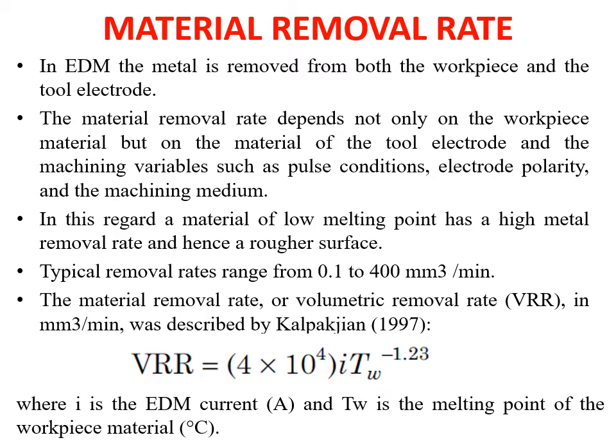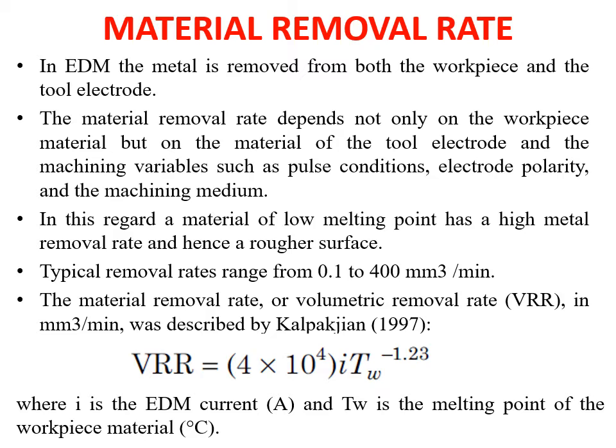Here we can see there is an inverse relationship between the material removal rate and the melting point. The lower the melting point, the higher the material removal rate. The higher the melting point, the more energy is required to melt the metal from the surface of the workpiece, and obviously it reduces the volumetric material removal rate.